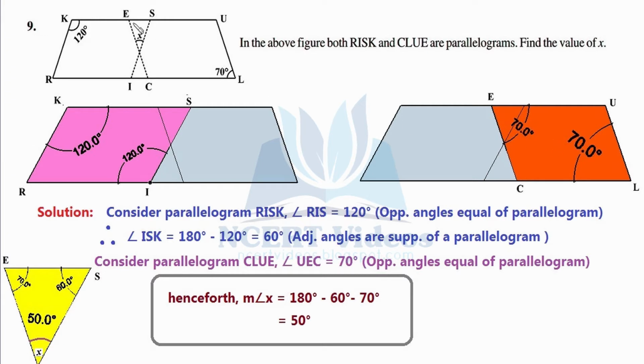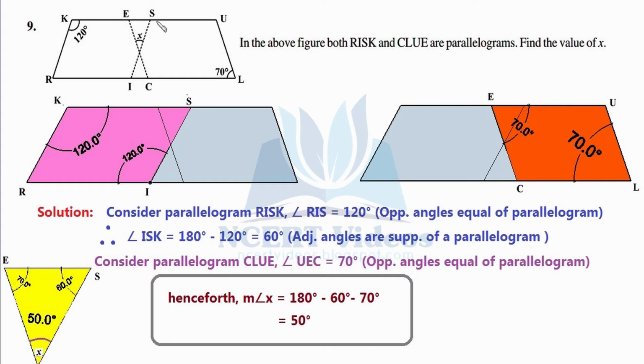Henceforth, we wrote consider parallelogram CLUE, where angle UEC, that is this angle, will be equal to 70 degrees. Reason being opposite angles of a parallelogram are equal, that is these angles are equal to each other.